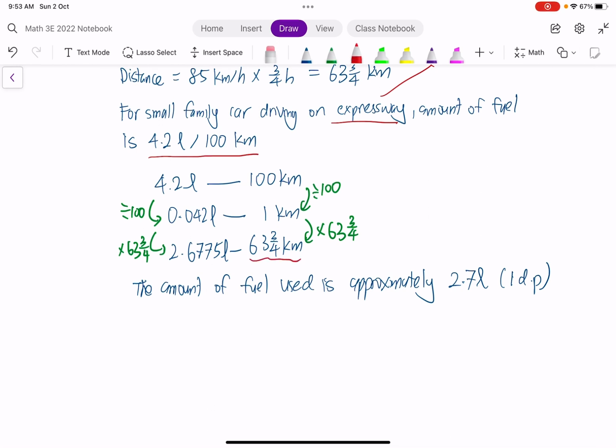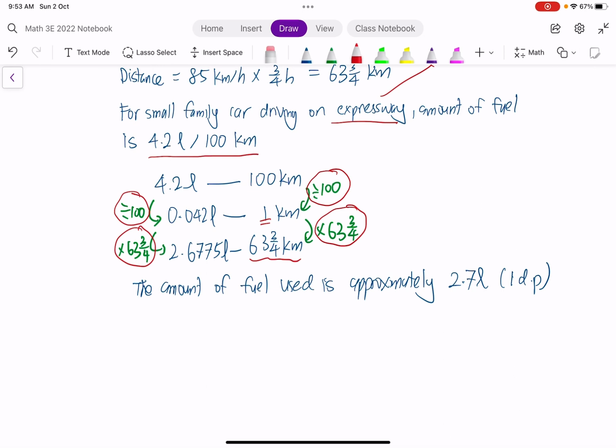How do you get 63.75 kilometers? From 100 kilometers, you divide by 100 to get 1 kilometer first, then you multiply by 63.75 to get the required distance. Similarly, on the left hand side, you divide by 100 and then you multiply by 63.75.